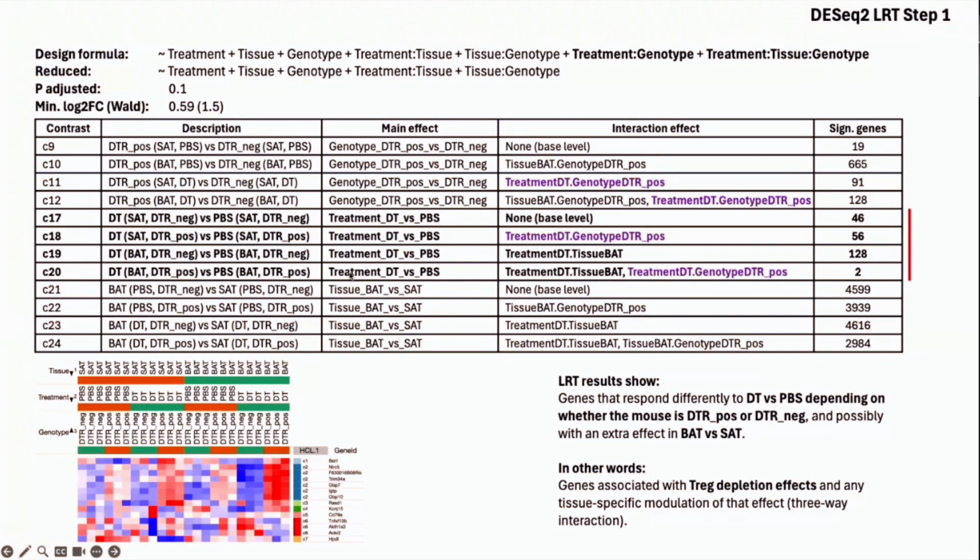So we started from just 49 genes that show us on average the difference caused by DT injection, but now we have 4 different contrasts. Each of them shows us how many genes were changed within a specific subgroup.